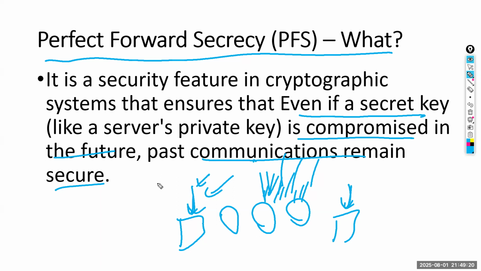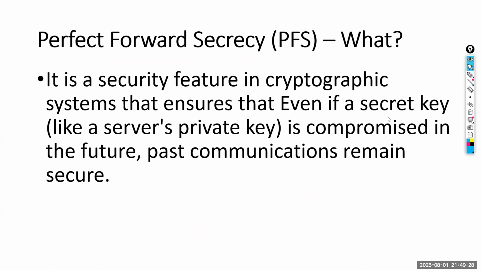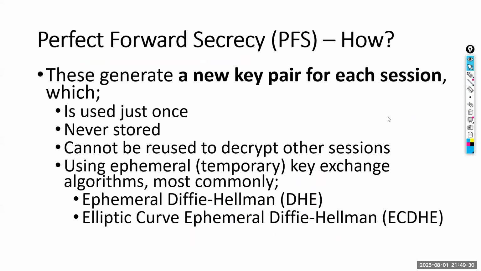Maybe today's one is revealed, but not the past things. How to do that? It's very simple. Use a new key pair every time. Then if this key is revealed, only this data is compromised. All the previous data is not compromised, because for every previous data we used a different key.